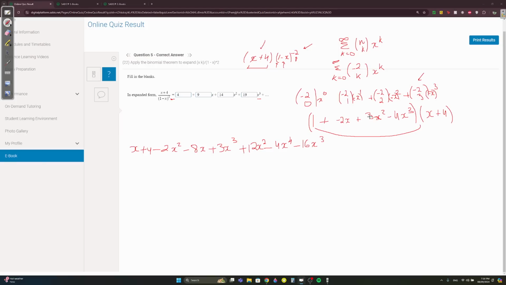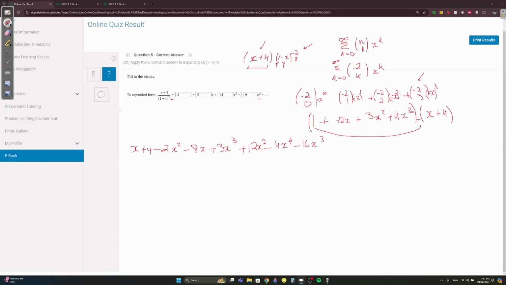Negative 2 times negative x should be plus. Then this negative square becomes positive, so we don't change that. But negative 4 times that negative x cubed would be plus. Okay, so let's change our values here.